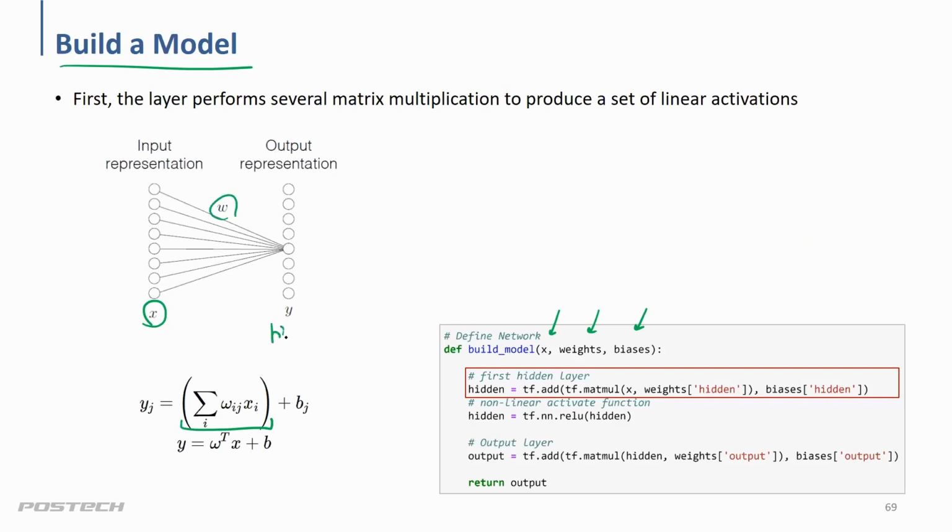So weights at hidden layers, I just write it this way, with matrix multiplications, and these are the biases in hidden layers. So I'm going to use the biases in hidden layers and do additions.